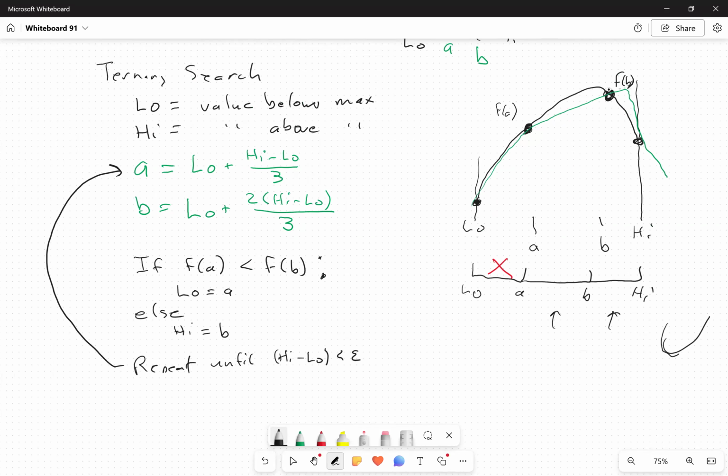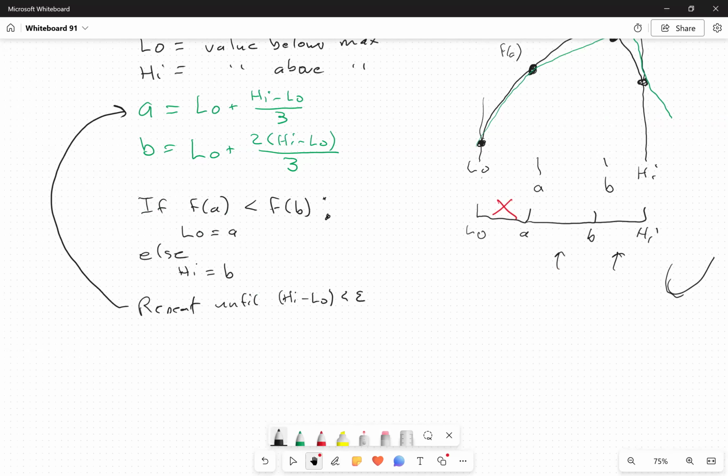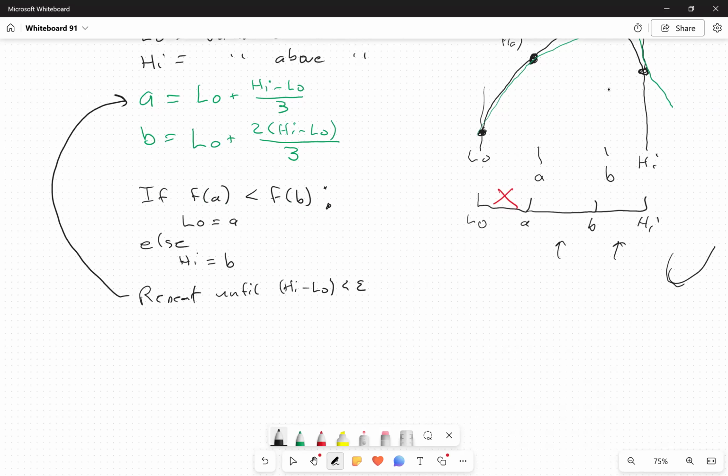That's the ternary search idea. Notice instead of dividing everything by 2 each time, it's dividing it to 2/3, but asymptotically that's still logarithmic. It's still log operations, even though instead of log base 2, it's log base 3/2. Same basic idea.